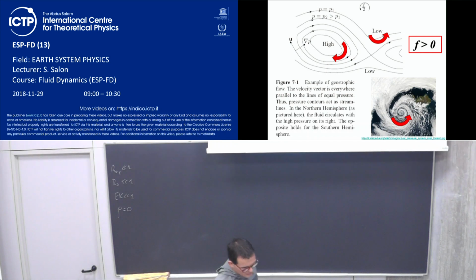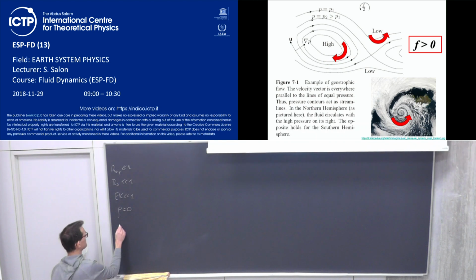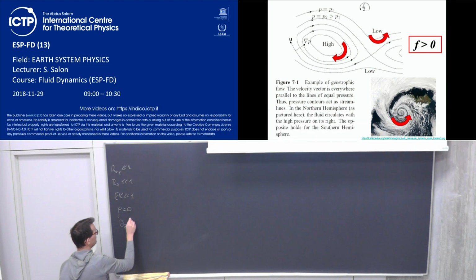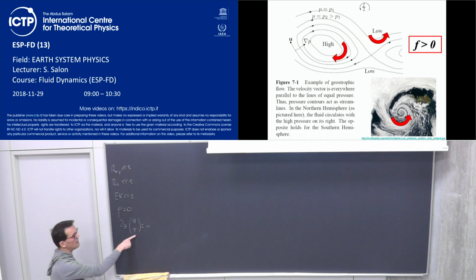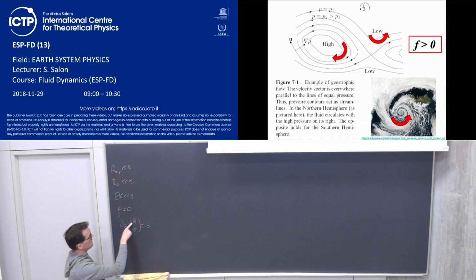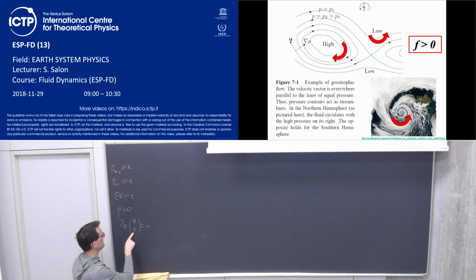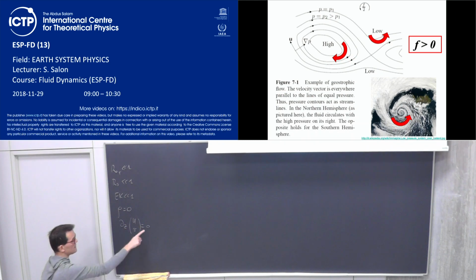Then we understood that the governing equations were strongly simplified, and what we found was that the variation of the horizontal velocity, the x component and y component of velocity, is 0.